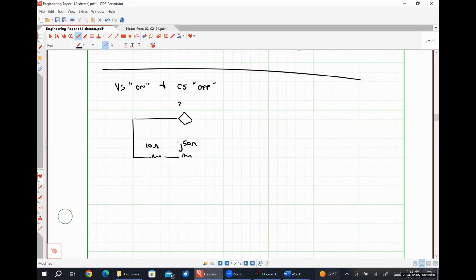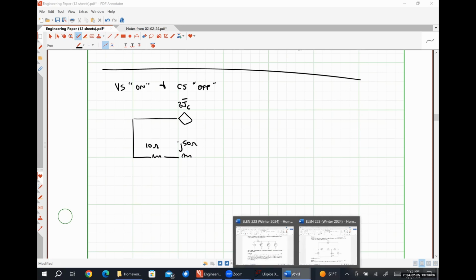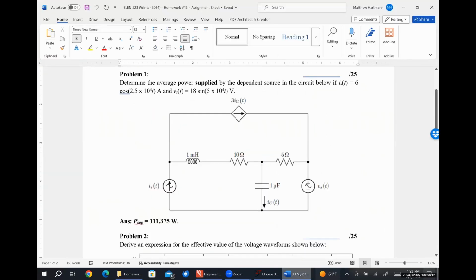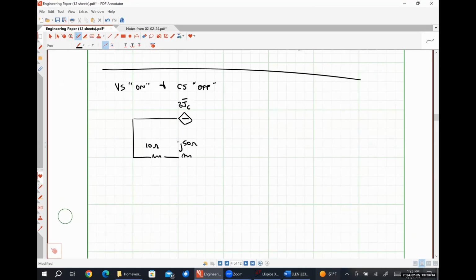IC. I have goldfish brain today. I cannot remember literally anything. I'm going to close this because it's just pissing me off at this point. Arrows to the right. Down here, I have a capacitor.